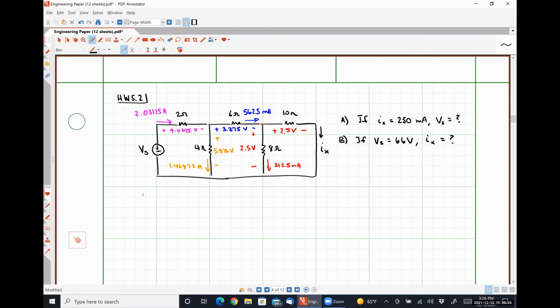And from this, Vs is 4.0625 volts plus 5.875 volts, or 9.9375.